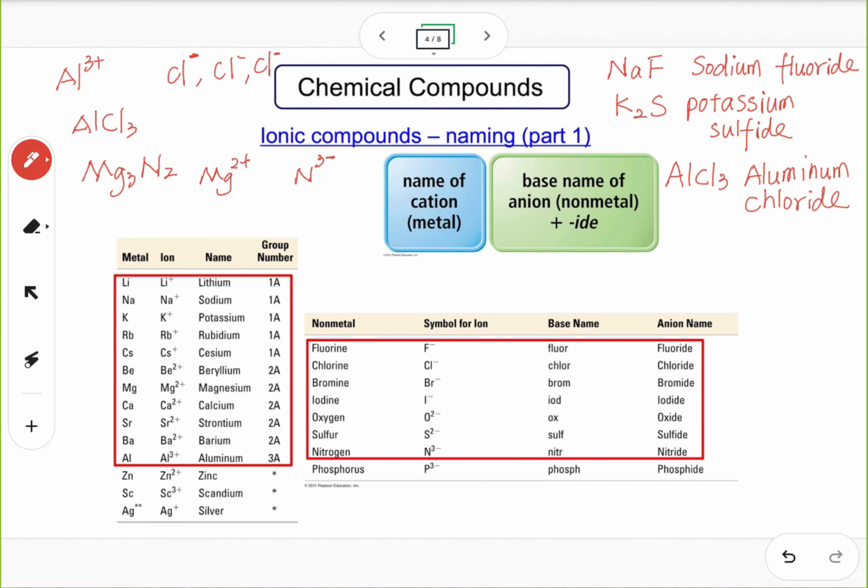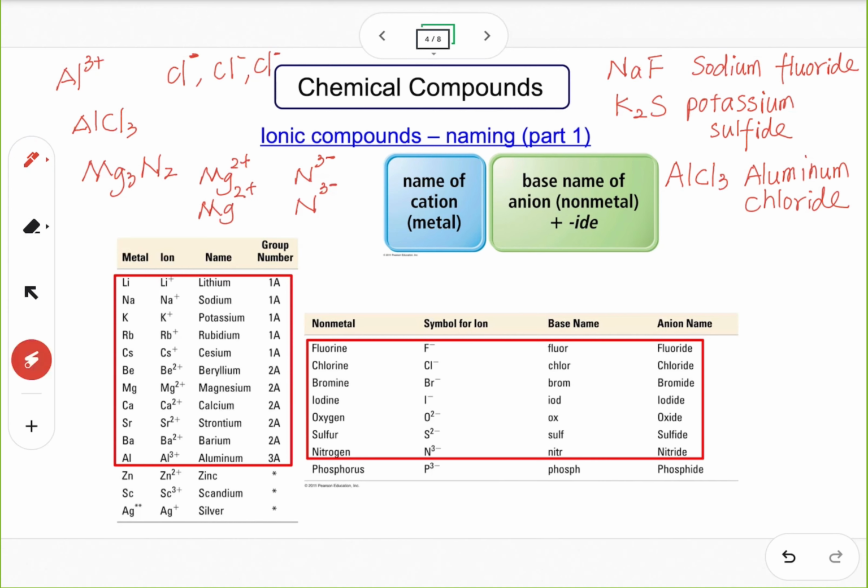How about 2 nitride? If you have 2 nitride, then in total you would have 6 negative charges. In order to balance the 6 negative charges, it looks like you need more Mg2 plus. Would 2 Mg2 plus balance the charge?